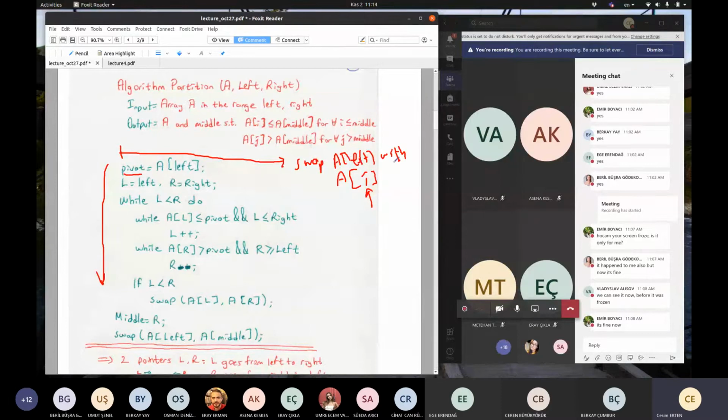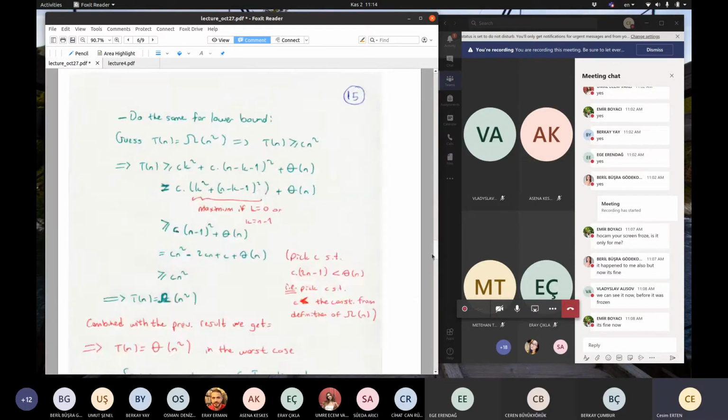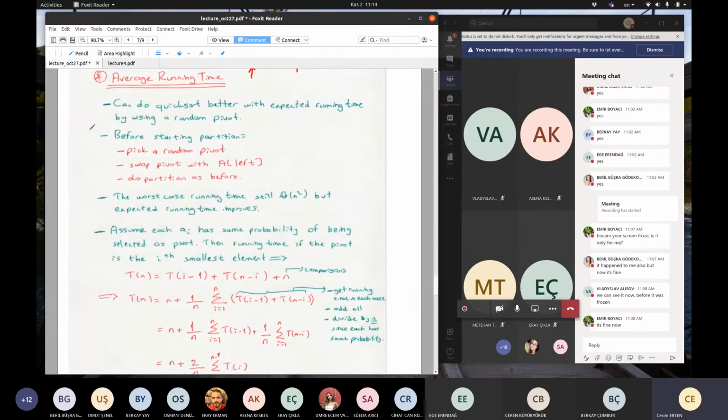Although this change might seem not very important, we will see that with this small change, we will be able to do an average case analysis of our quicksort algorithm. Let's get back to our average case analysis, assuming that we have done this small change. Note that even if we do the small change, we may still have a worst case running time of n squared.